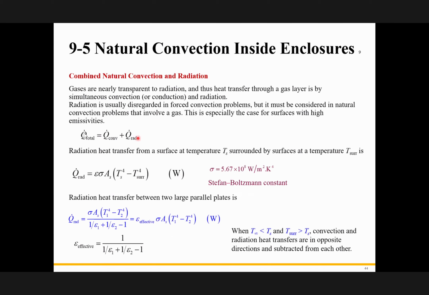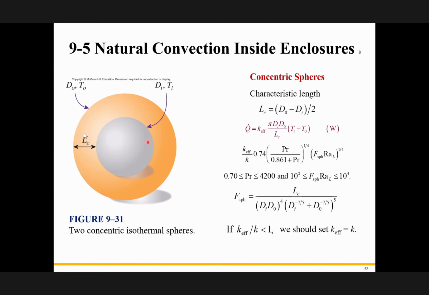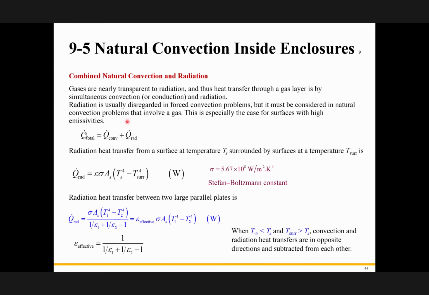Again, as we mentioned before, we can have both radiation and convection simultaneously. Look at here, in this case, one sphere is completely covered with the other one. Therefore, the shape factor from here to here is equal to 1, okay? Therefore, in this case, you can easily calculate the radiation and add it to the convection process.